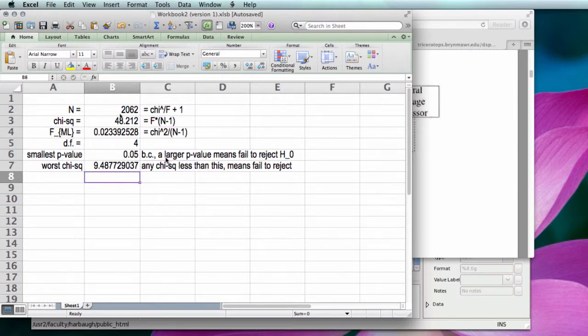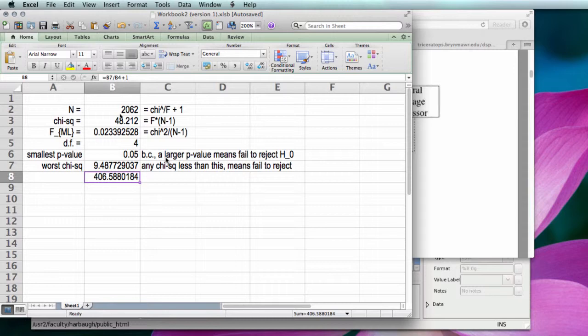So I'm going to take the chi-square that I want, 9.48 and change, divide it by my discrepancy function, 0.023, and then add 1.